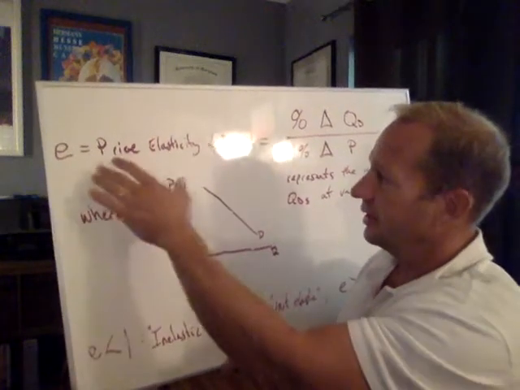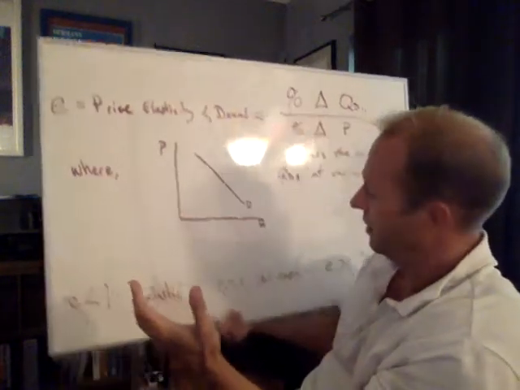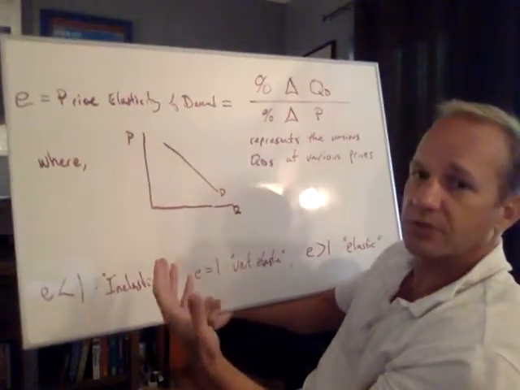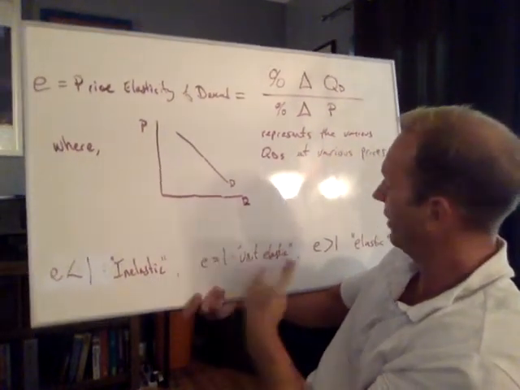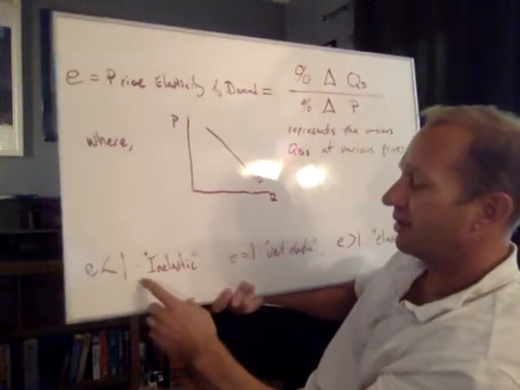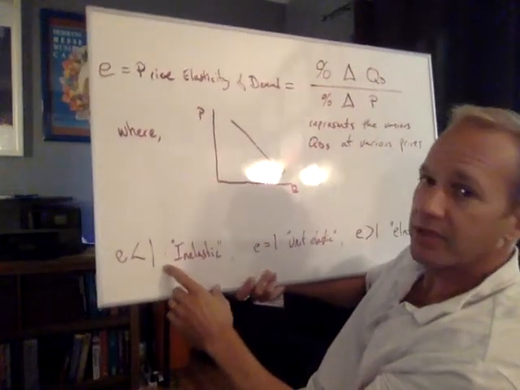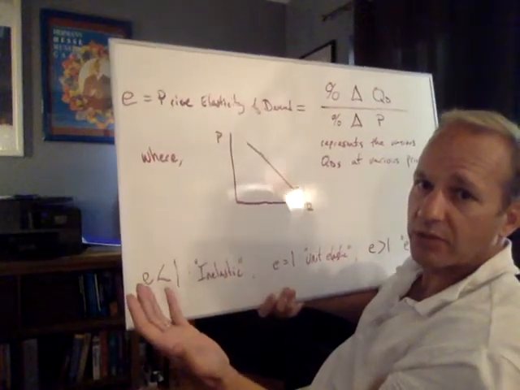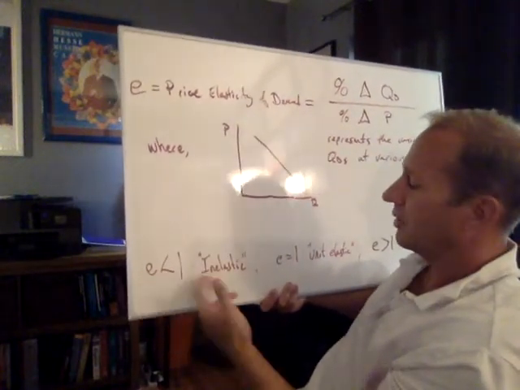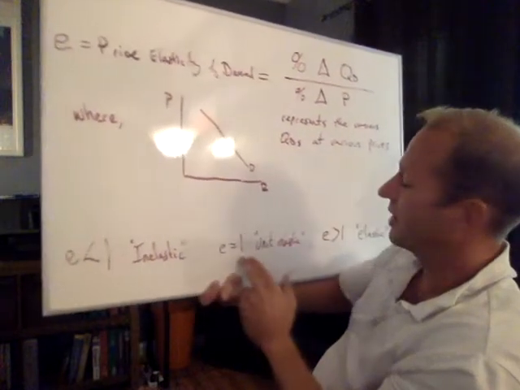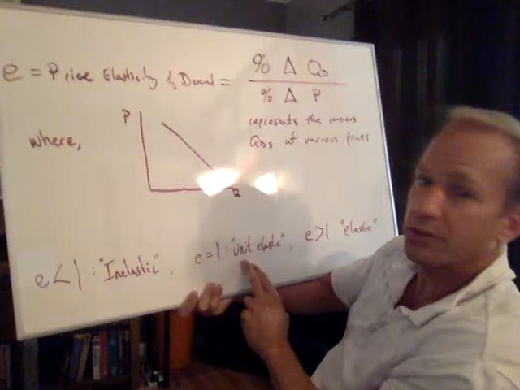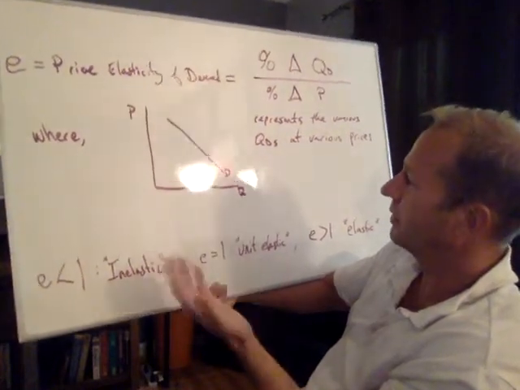And when we calculate that, which we'll get to, we have a key for what it means. We can put these outcomes that we can find in one of three buckets. If the price elasticity that we get, this quotient or this value, comes out to be some number lower than 1, we call it inelastic. If it comes out to be just exactly equal to 1, we call it unit elastic, as in a unit per unit.